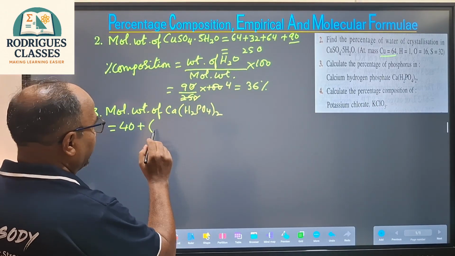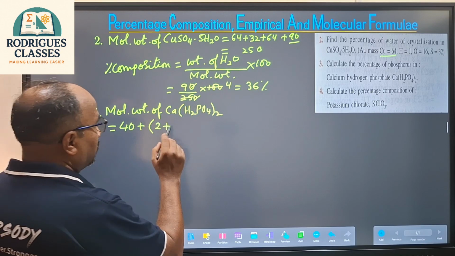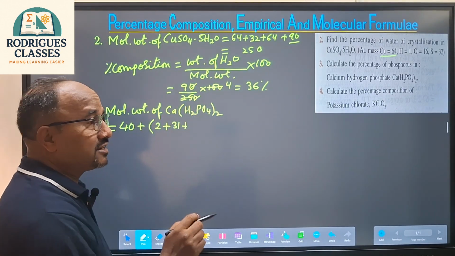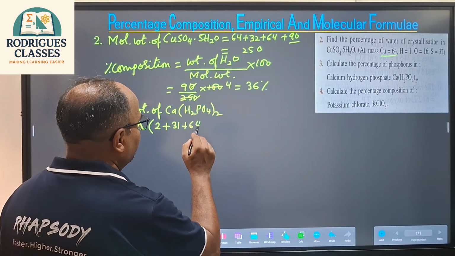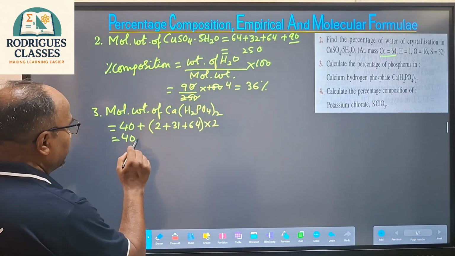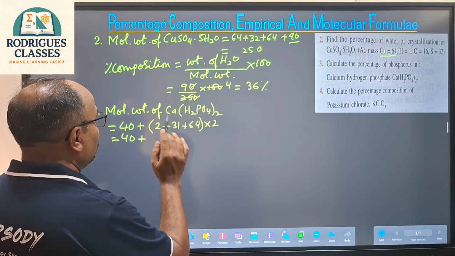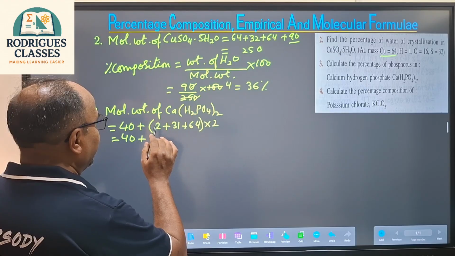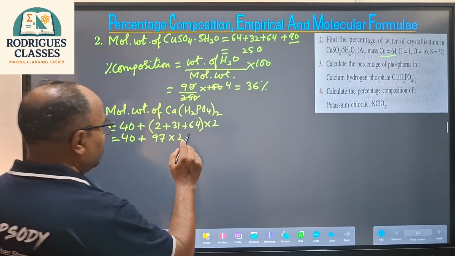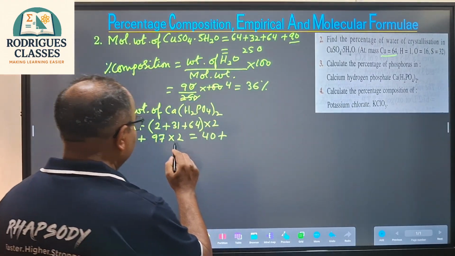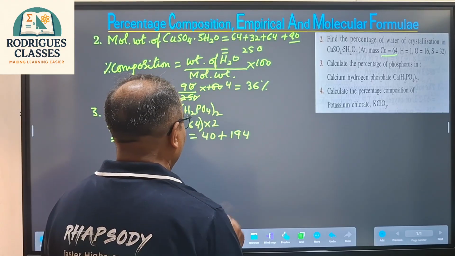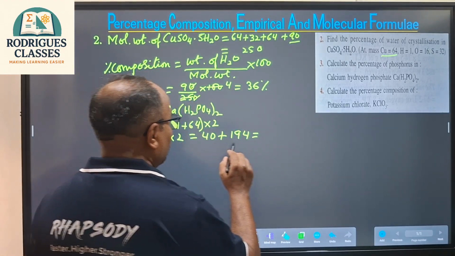Hydrogen is 1, 1 into 2 will become 2. For phosphorus it is 31, plus oxygen 16, 16 4s is 64, and then that entire thing multiplied with 2. So you get 40 plus 64 and 31 is 95, 95 and 2 is 97, into 2. So you get 40 plus 2 sevens are 14, 2 nines are 18, 194.